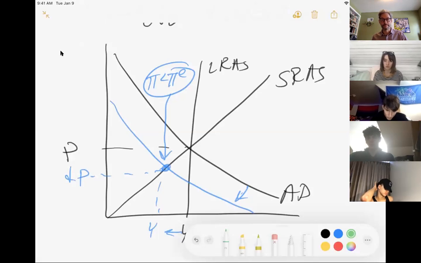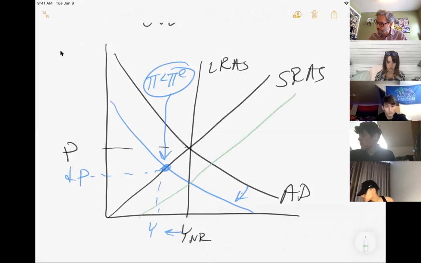How do we recover? Eventually, wages will start to fall. And as wages fall, short-run aggregate supply will shift to the right.